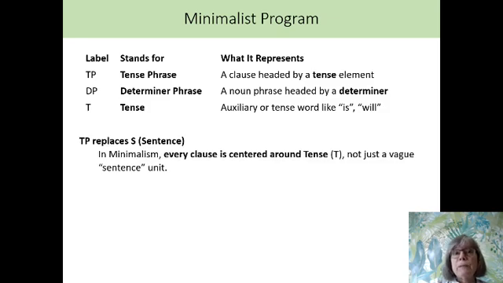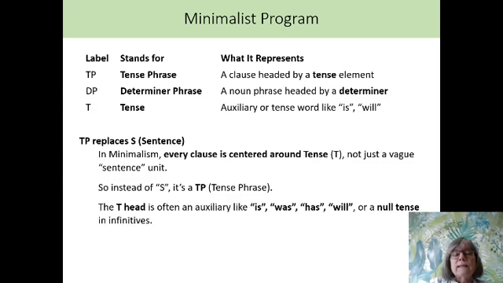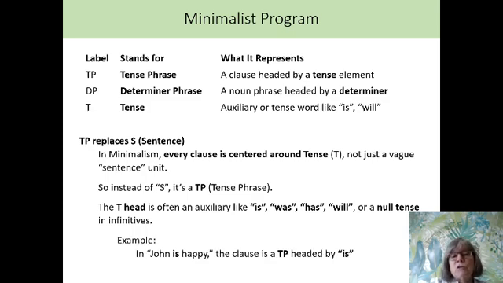Tense phrase replaces sentence because every clause is centered around tense, so not just a vague sentence unit. So instead of S, it's called a tense phrase. The tense head, the T head, is often an auxiliary like is, was, has, will, or a null tense in infinitives. So in John is happy, the clause is a TP headed by is. Okay, so the tense is the head.